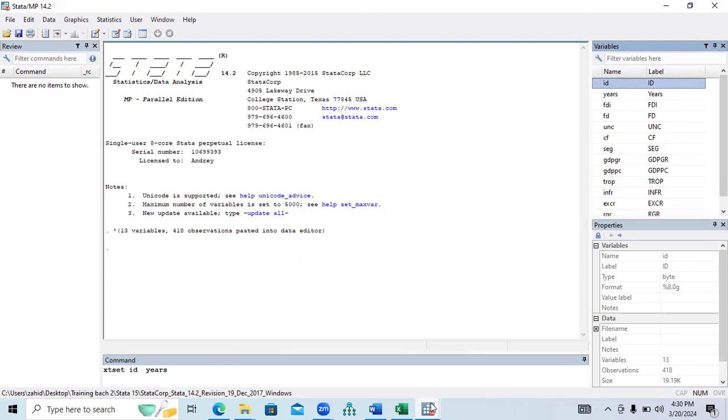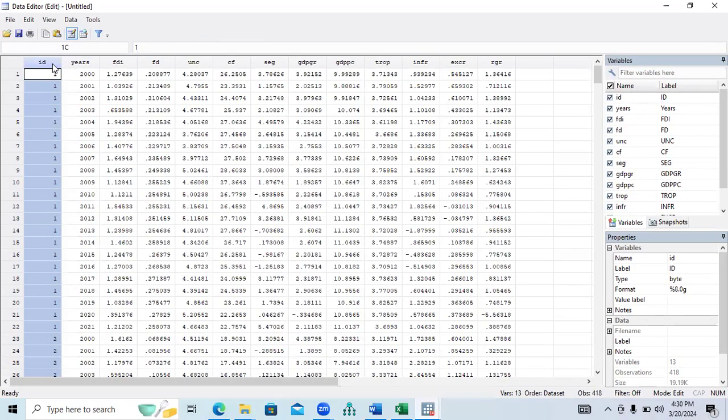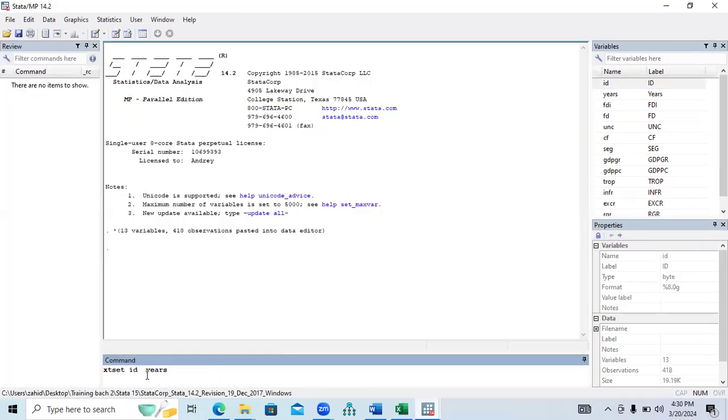If you see in your data editor file, you can see that I have coded the names of the countries with 1, 2, 3 digits. So I have named their IDs or their digits as ID. So I am going to use ID instead of firm ID. Then my second variable name is years. I have used it already, I have used it here.